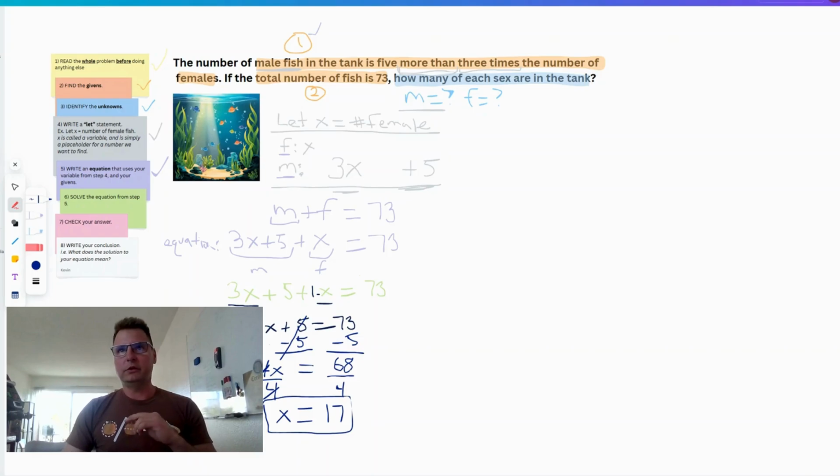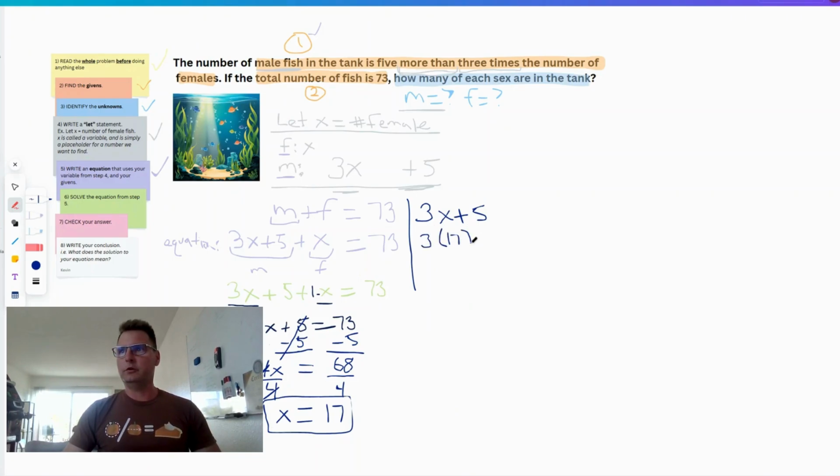So we solved the equation, but in this case, not only do we need to find females, we also need to find the number of males. But we know what the number of males is, right? It's 3x plus 5.